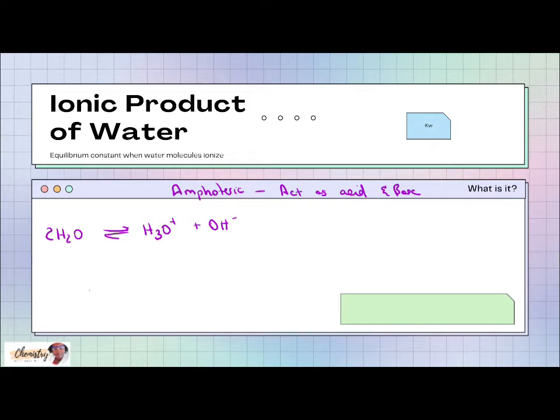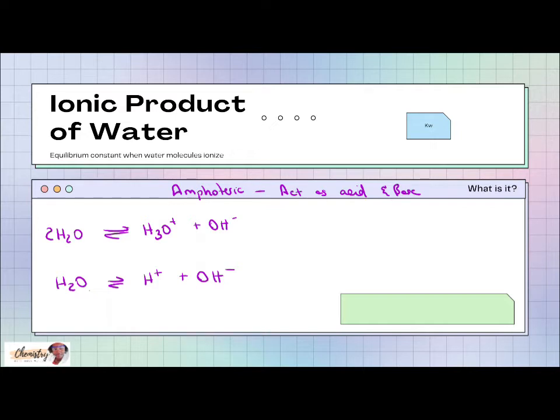Remember, the hydronium ion can be simplified to just H+.